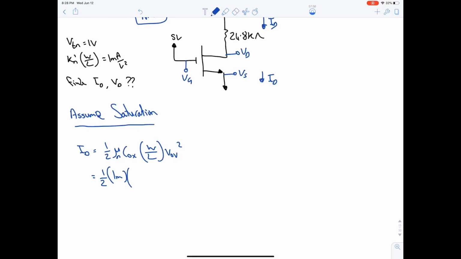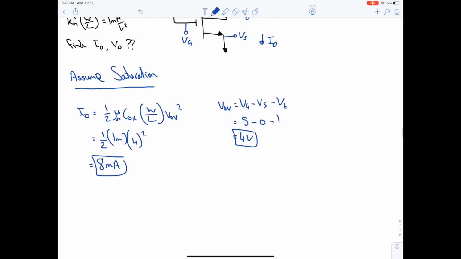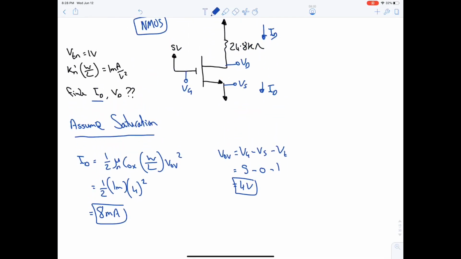VOV squared we need to compute. VOV is equal to VG minus VS minus VT. VG is 5, VS is 0, VT is 1, which is equal to 4 volt. 4 squared, this will result in 8 milliampere. After finding ID, let's find VD.